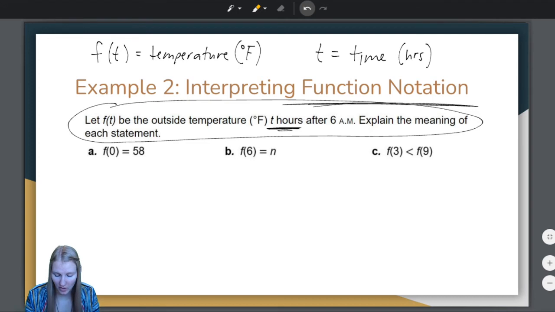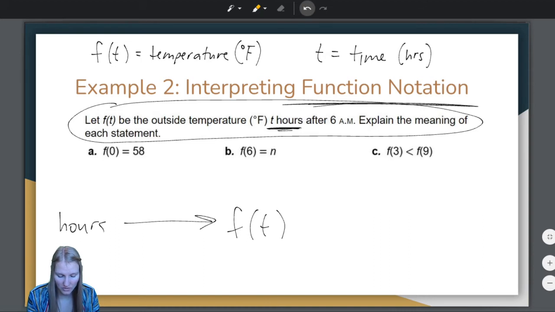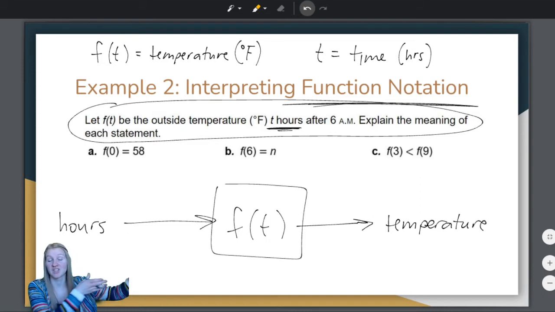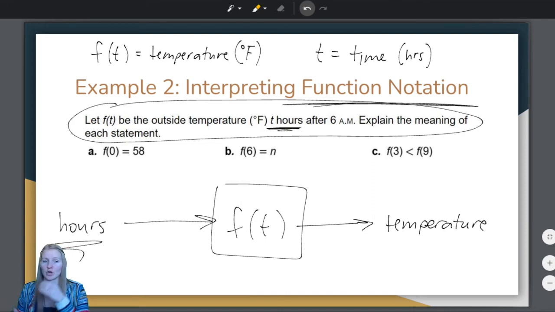So this function, f of t, takes in hours as the input, and the output is the temperature. Remember, we talked about functions as a box that takes an input and spits out an output. We're taking the input of hours and outputting temperature.